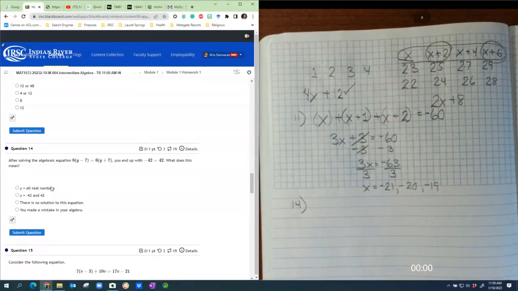It says, after solving the algebraic equation, you end up with such. What does this mean? Anytime a system does not equal the same exact value after completing it, this is going to be no solution to the equation. That's what we're looking for in that answer, whenever it doesn't equal.